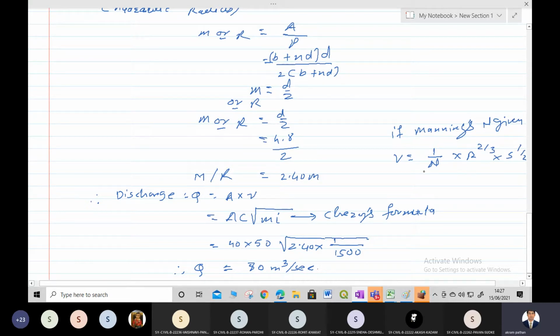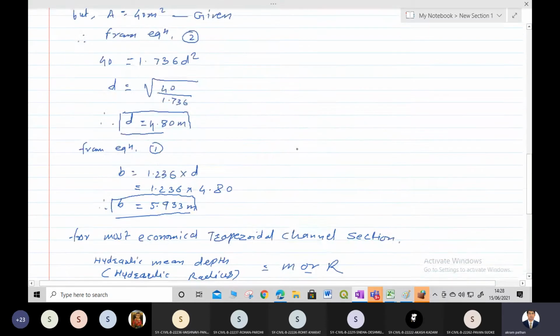So this is the velocity by Manning's formula. And if you want to calculate discharge, it is area into velocity. So if Manning's n is given in the problem, you have to use Manning's formula. If Chezy's constant C is given, you have to use Chezy's formula. So these are the things you have to remember.